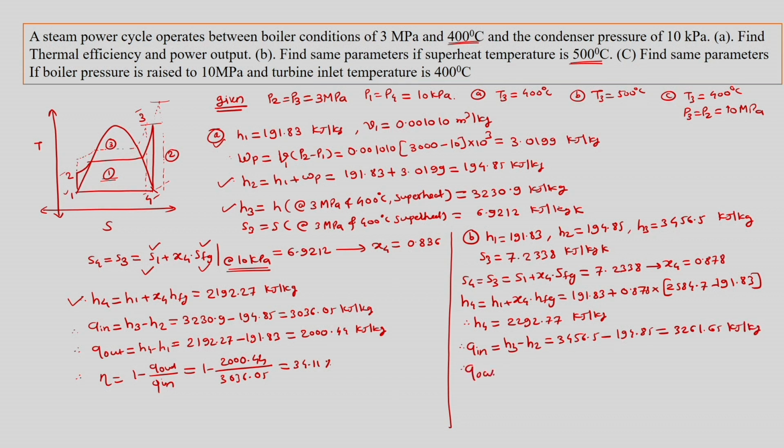So we have Q out is equal to H4 minus H1, so 2292.77 minus 191.83, and this gives us Q out as 2100.94 kilojoule per kg.